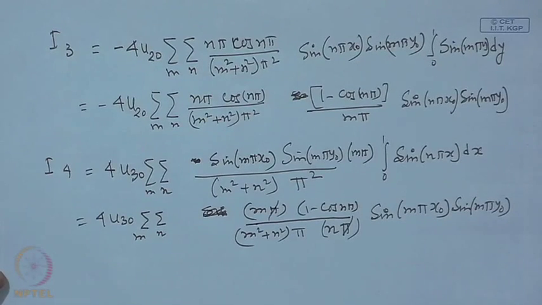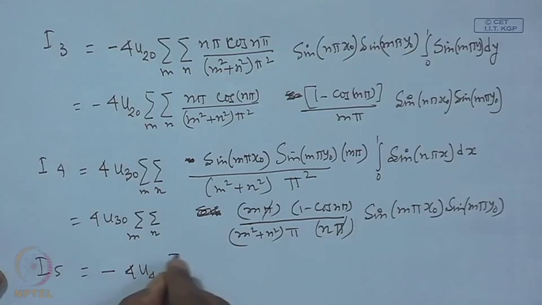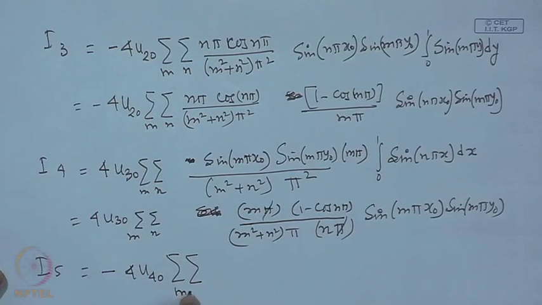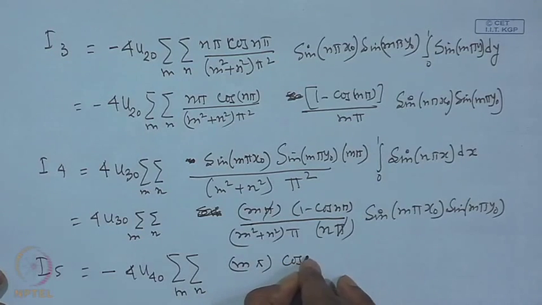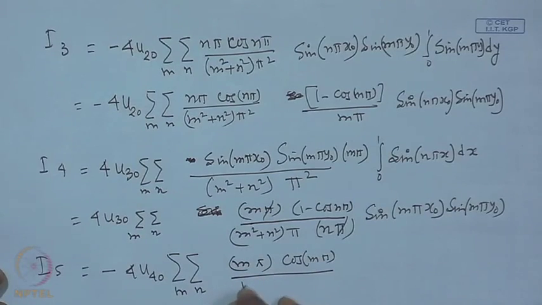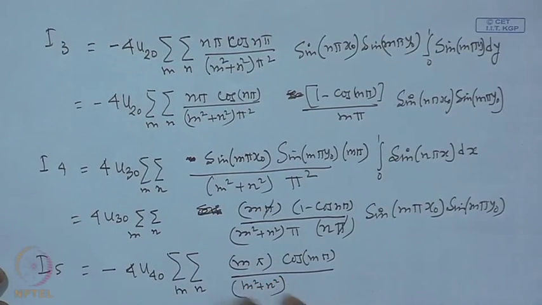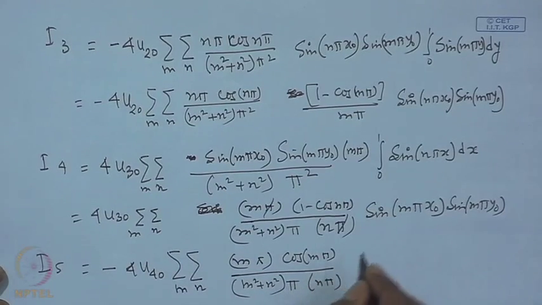And similarly, we will have I 5. So, I 5, I guess, will be minus 4 u 4 naught, summation over m, summation over n, and we will have m pi cosine m pi divided by m square plus n square pi square, multiplied by n pi in the denominator.